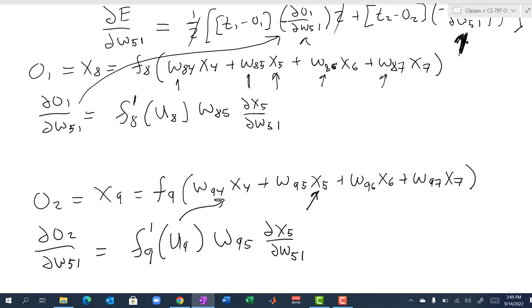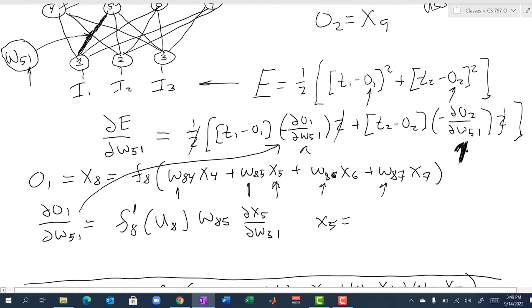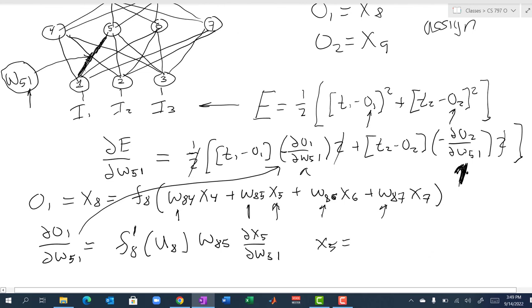All right, now let's go back up above here. And we need to list x5. Go back up and look at the picture. x5 is x1 times the weight plus x2 times the weight plus x3 times the weight.